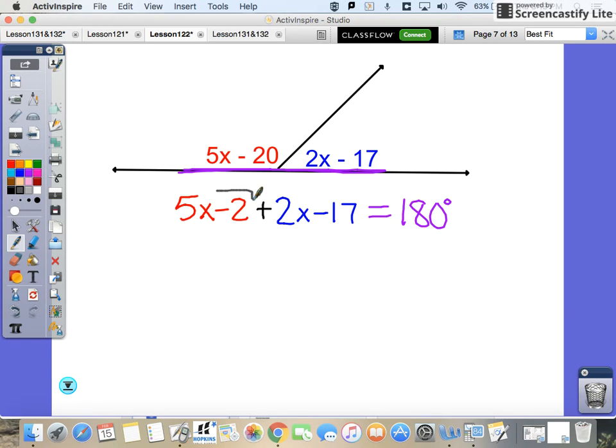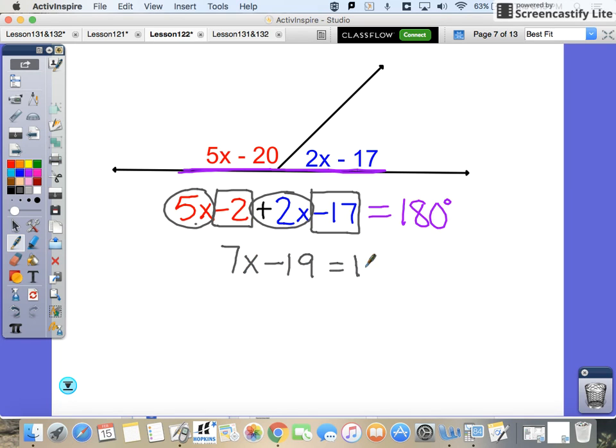So we have one constant here and another constant there. Then we have 2 x terms. So if I've got 5 x's here and 2 x's here, we're looking at 7 x's. And then negative 2 and negative 17 is negative 19. So then we'll drop a line, add 19, add 19.